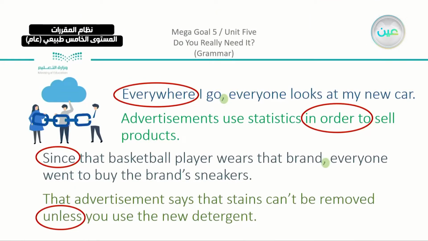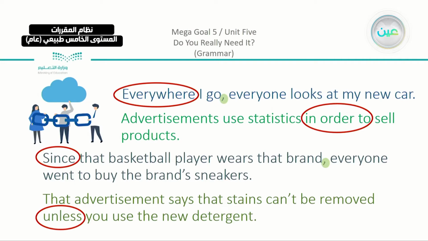Now, the words that we have here, everywhere I go, gives you an idea. I'm talking about everywhere, a place. In order to gives another idea. It's not like everywhere. Since is not close to the to, and unless also has a totally different meaning.